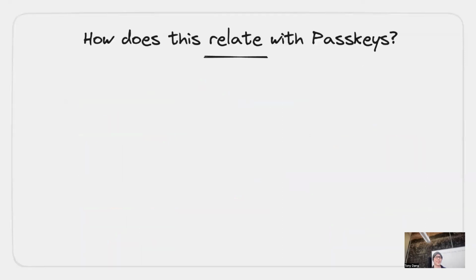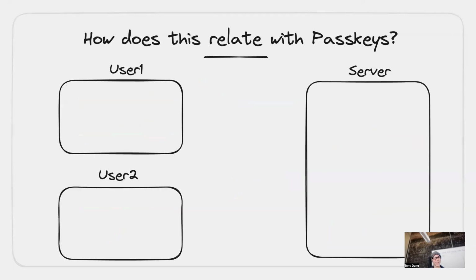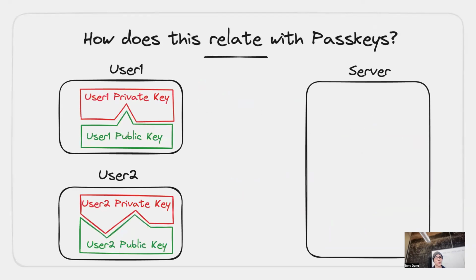So now, how does all this relate with passkeys, right? So imagine instead of Bob and Jill, we have two users and we have our web application server, and we now want to sign in. So each user will have a pair of public and private keys. And this is what we call passkeys.